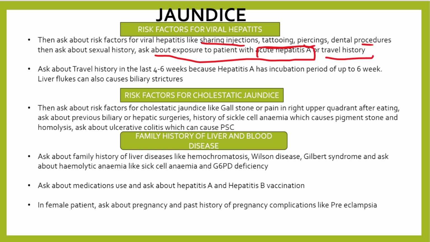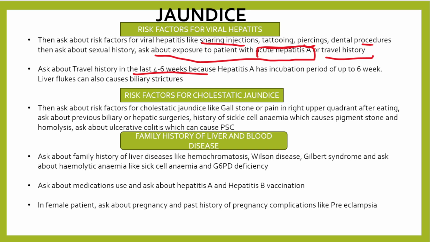Travel history is important because acute hepatitis A can occur 4 to 6 weeks after exposure to the virus. Exposure to any patient with acute hepatitis is also important. So these are risk factors for developing viral hepatitis we should ask in the history.